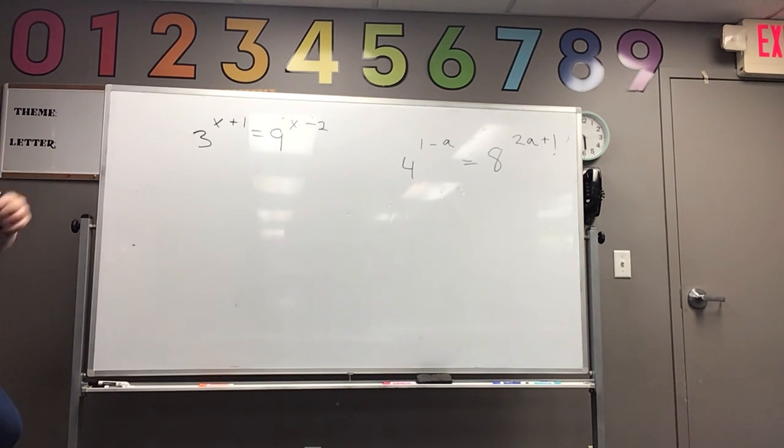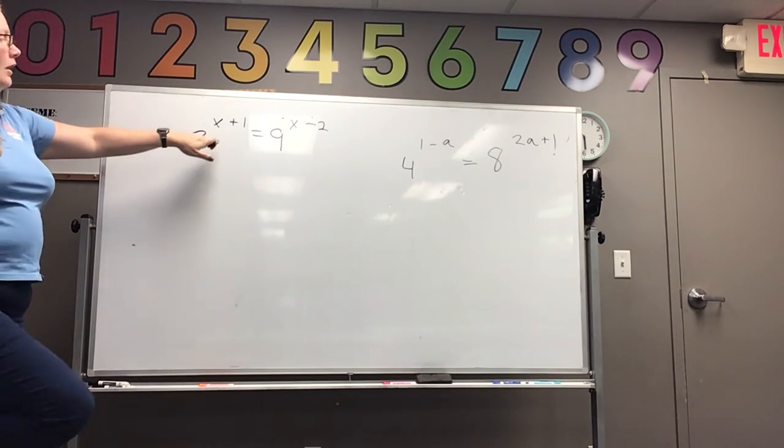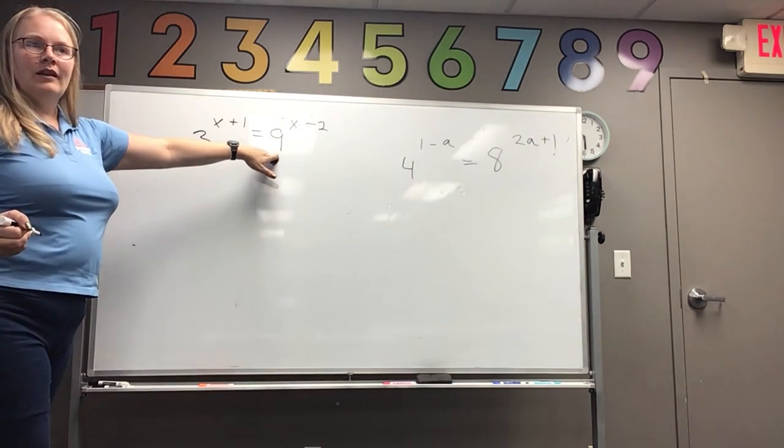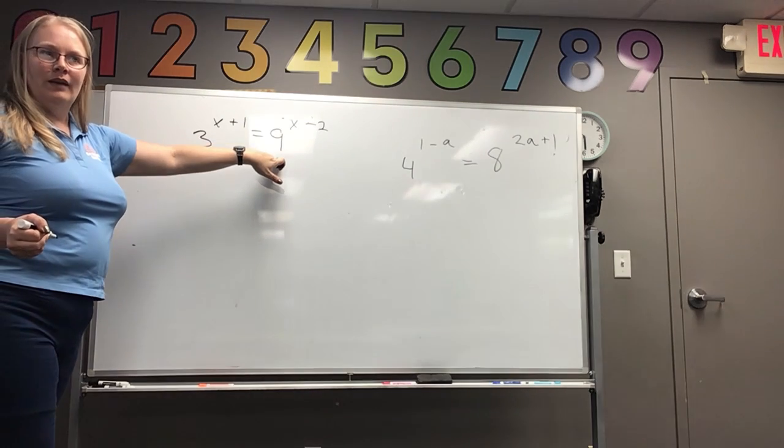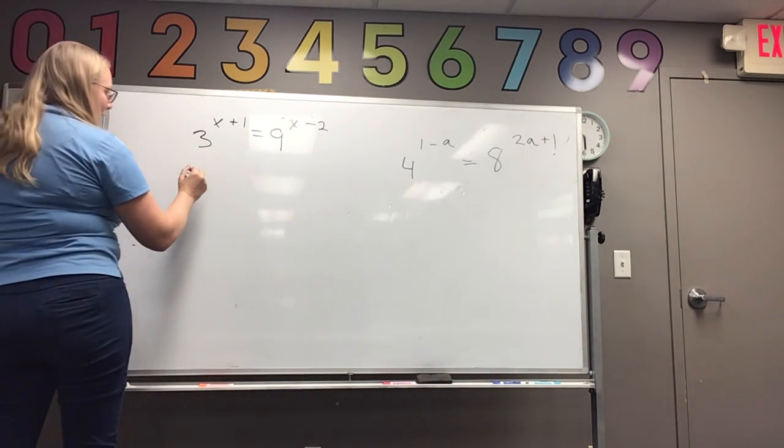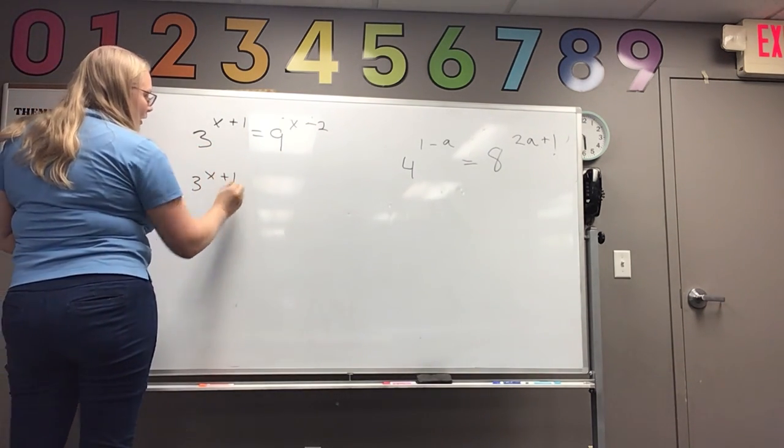Okay. The key to these problems is a common base. We want to get the same number on the bottom so we can restrict our comparison to just the top. And so 9 can be written as a base of 3. This one's going to stay the same as 3 to the x plus 1.